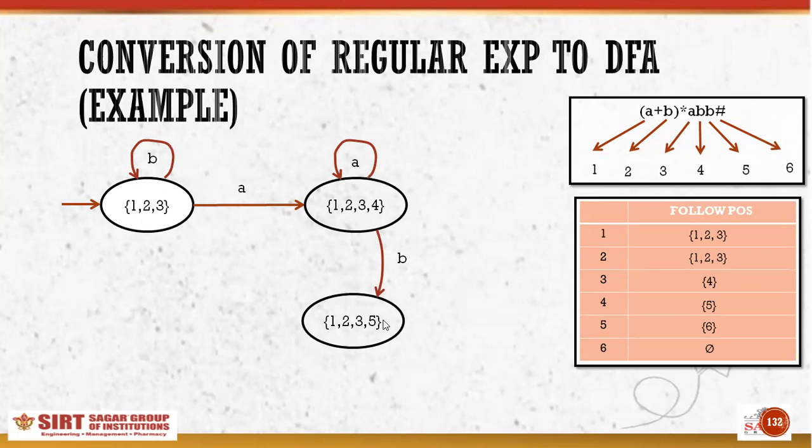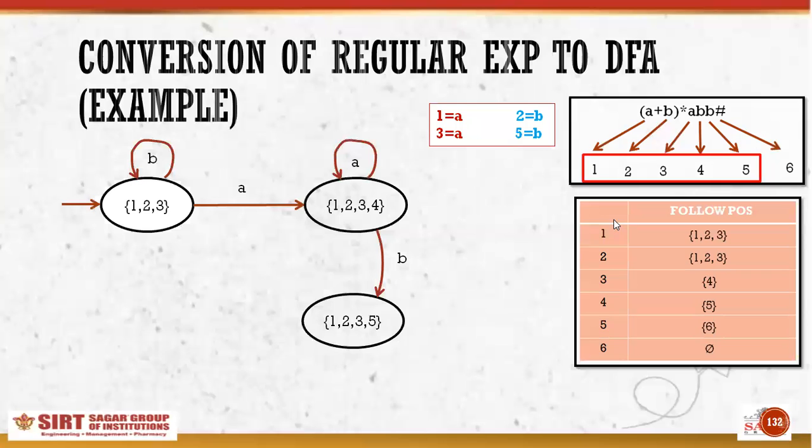Again I will classify its A and B numbers. In 1, 2, 3, 5, 1 and 3 are A, and 2 and 5 are B. I will combine the followpos of 1 and 3 for the A transition. 1 and 3 give 1, 2, 3, 4, so there is no need to make a new state, since 1, 2, 3, 4 already exists in our figure.